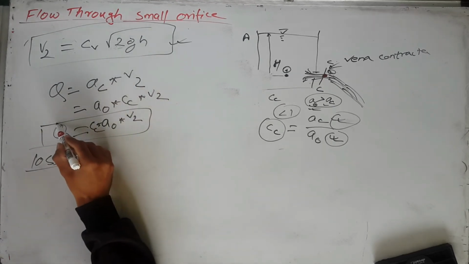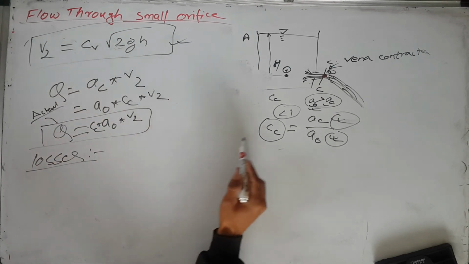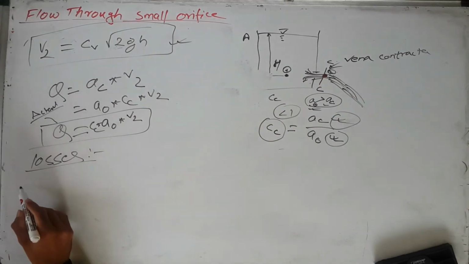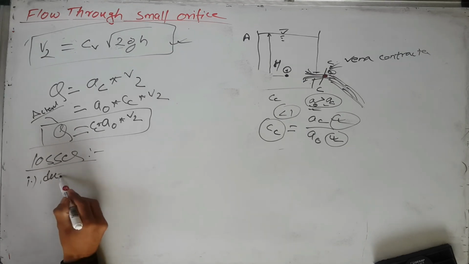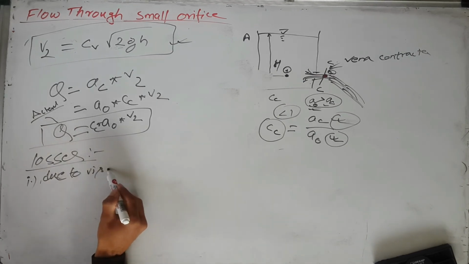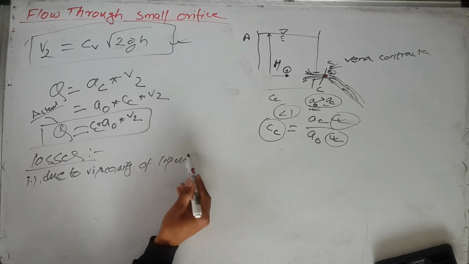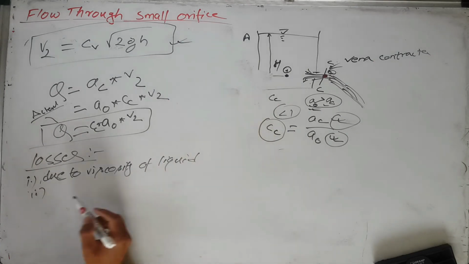This is the actual value of flow through the orifice, and losses are due to the viscosity of the liquid. And next we have the surface tension of the liquid.